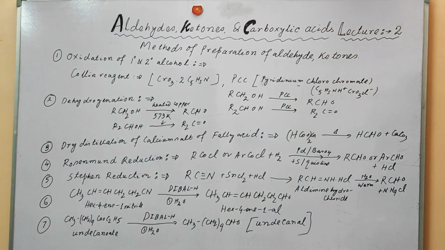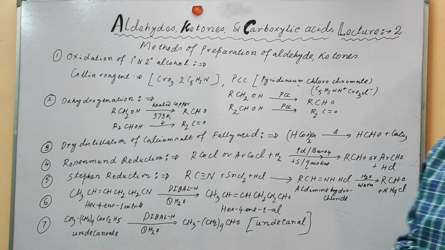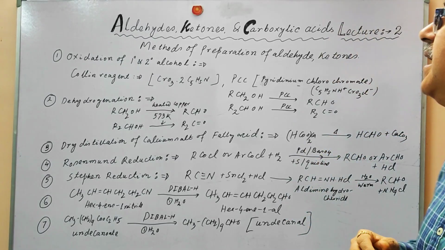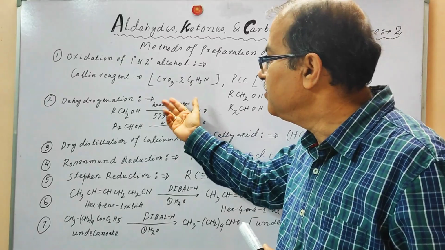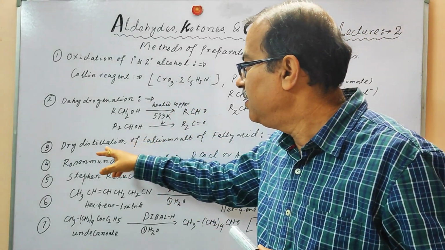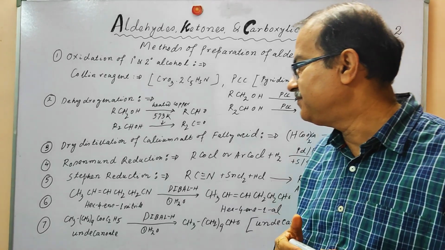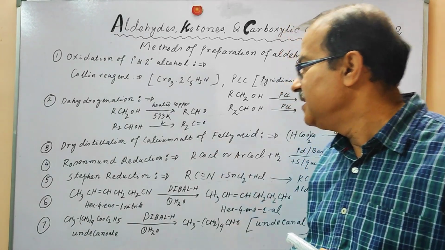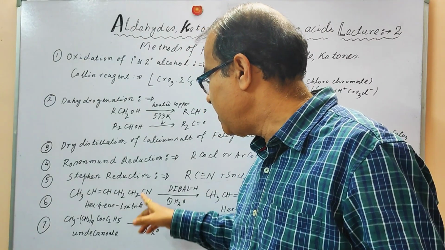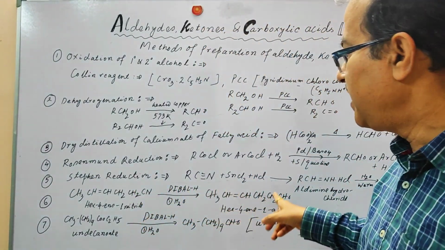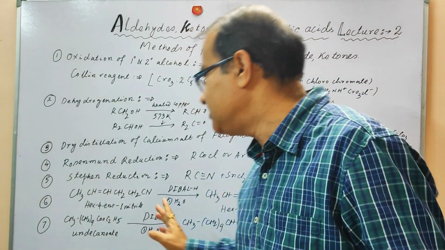Okay, so we have discussed the 7 reactions by which we can produce the aldehyde. First the oxidation, then dehydrogenation, then dry distillation of the calcium salt of fatty acid, then Rosenmund reduction, then Stephen reduction, and then we use the diisobutyl aluminum hydride, and then also again from the esters.